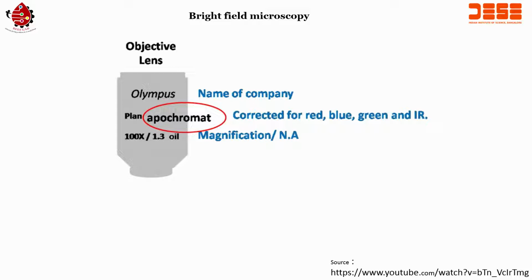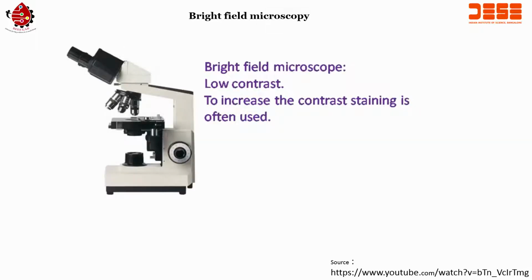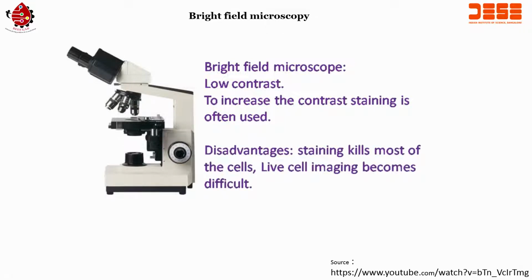And the term apochromat means the lens is corrected for four colors, red, blue, green and infrared. Bright field microscope typically has low contrast as most of the biological samples transmit most of the light. To increase the contrast, staining is often required. The disadvantage of staining is that most of the cells are killed and live cell imaging is difficult.